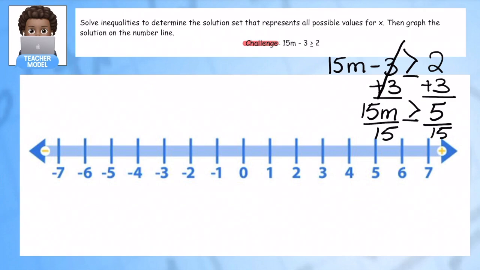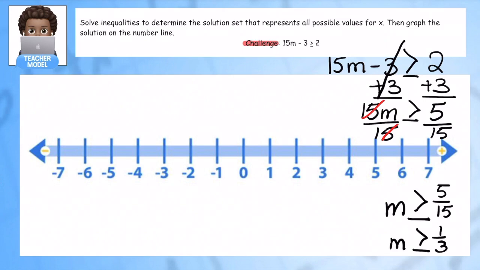And when I do that, I'm just left with that one number, because a number divided by itself just gives me 1. So now I have m is greater than or equal to 5 over 15. And I can simplify this. I can divide both of these by 5 and just get 1/3.